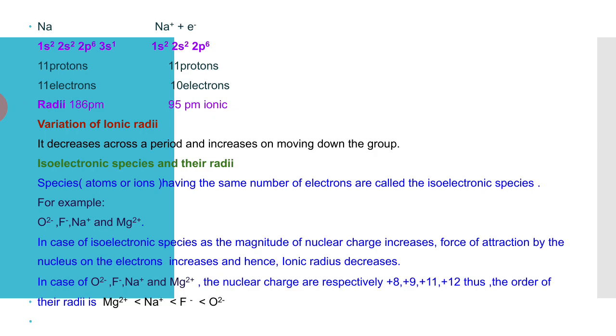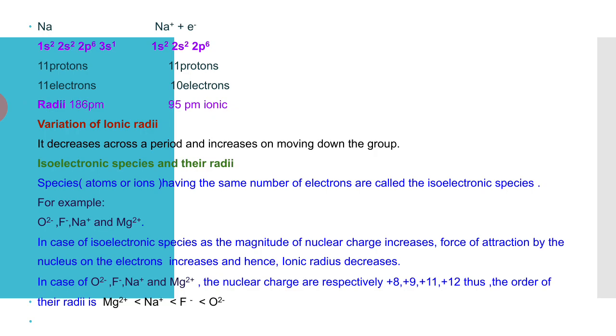Number of protons in sodium is 11 and in sodium ion 11, but number of electrons in sodium is 11 while in sodium ion it is 10.